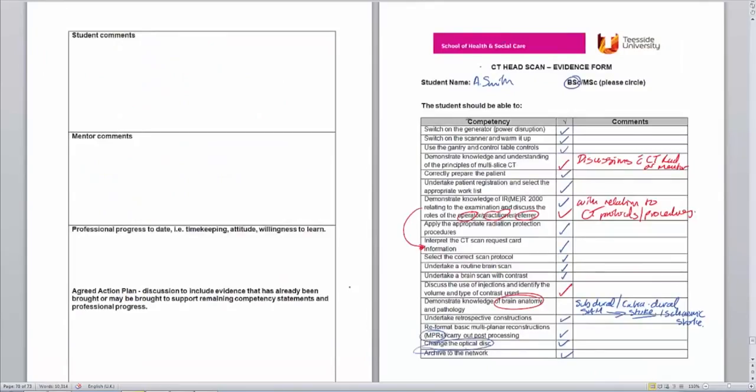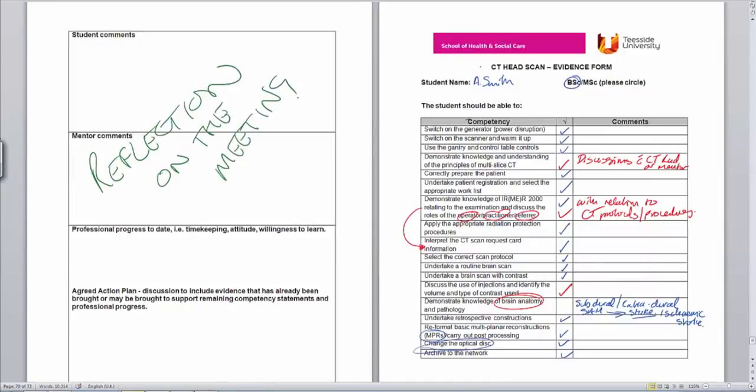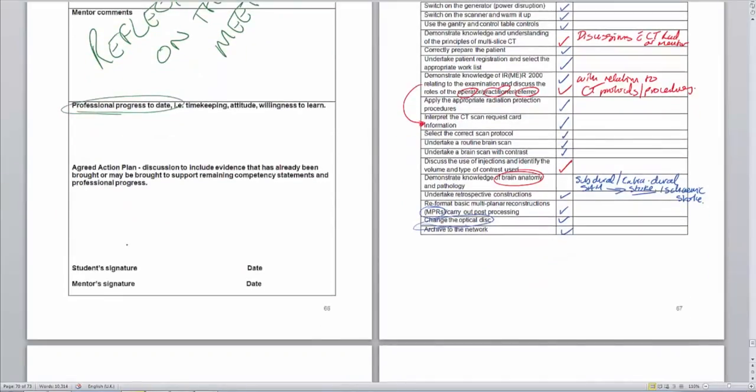So the student comments and the mentor comments, the biggest thing we can put here is a reflection on the meeting itself, how far the students got to go, etc. Your professional progress to date should be fairly straightforward. And also, like we said in the action plan previously, you should be specific when you're giving your feedback to the students.